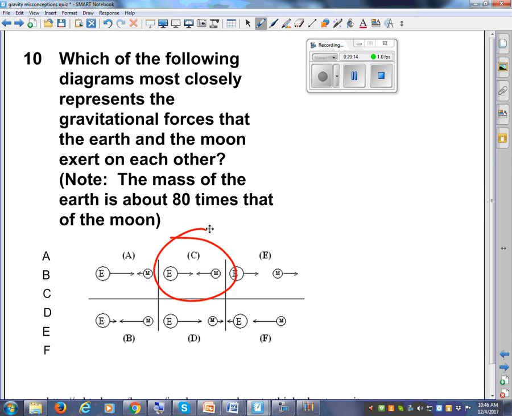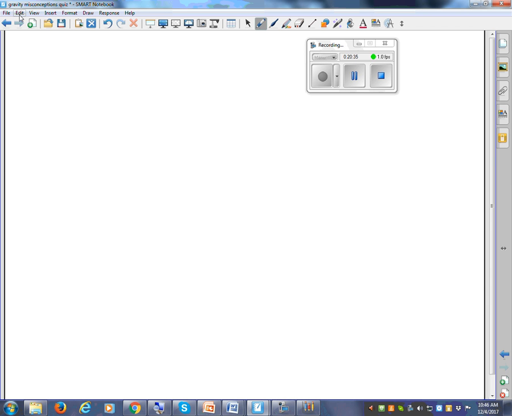Small mass means big accelerations, which is why the small things orbit the big things. But the gravitational force between them is the same. Think that's going to come back to bite you at some point? Probably not. What I'm really saying is, think that's going to appear on the test in some form? Possibly, yes. Okay, so that's all with that.